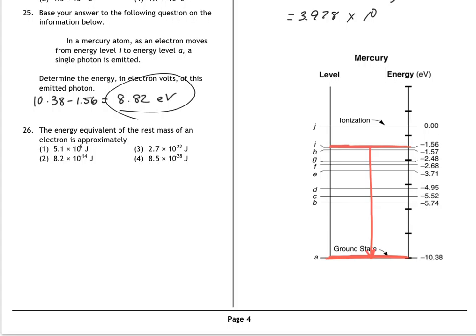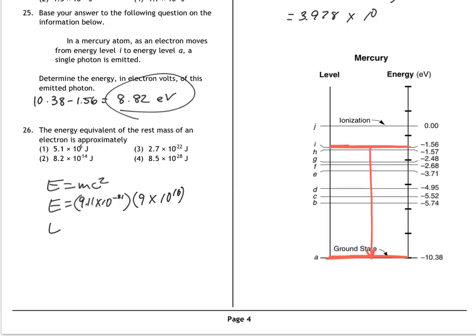Final answer. For number 26, the energy equivalent of the rest mass of an electron. So I first need to look up the rest mass of an electron on the reference table, and I get 9.11 × 10⁻³¹ kilograms. We need to multiply that by the speed of light squared to enter it into the E = mc² equation. And the speed of light squared is 9 × 10¹⁶.